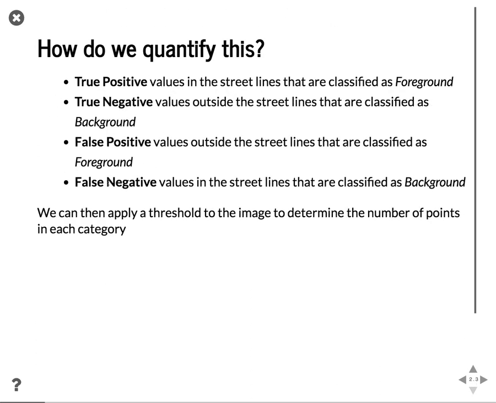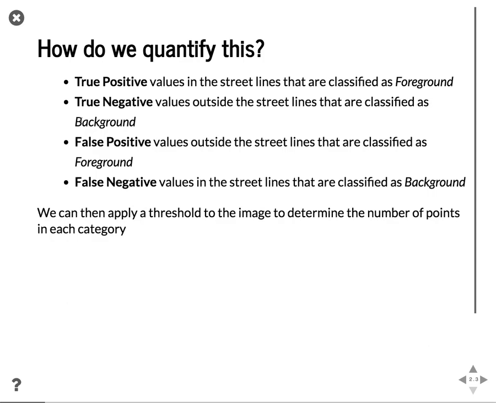And so this quantitativeness that we try to bring to the assessment of the threshold is not something new. This comes in any time you try to make a decision where you end up with true positive results. These are results that you correctly identified, so they are supposed to be straight lines and you called them foreground. So your algorithm worked.